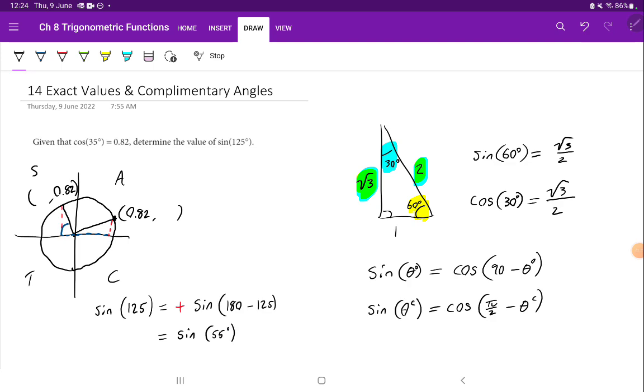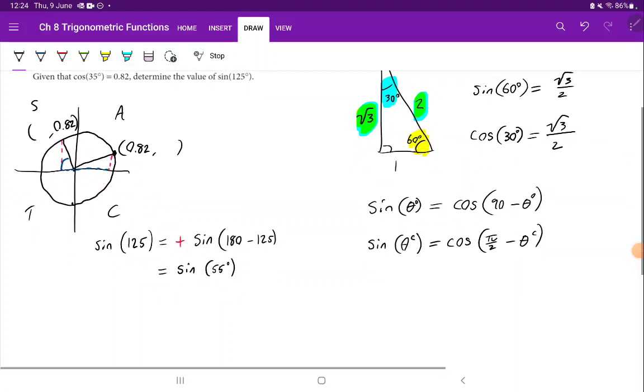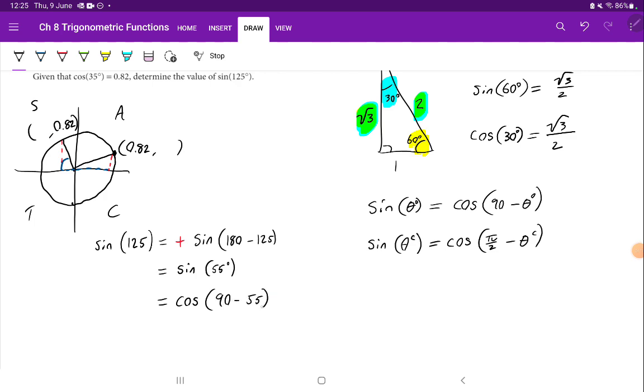But wait, what does our rule say? Well, the complement of 55 is just the cos of 55. Is going to be the same as cos of 90 minus 55, which is cos of 35, which we already knew from before is 0.82.